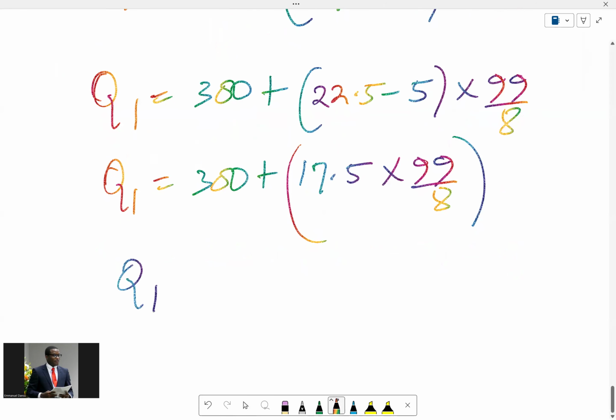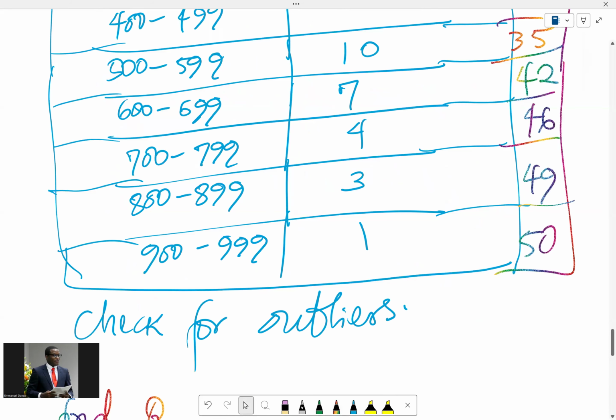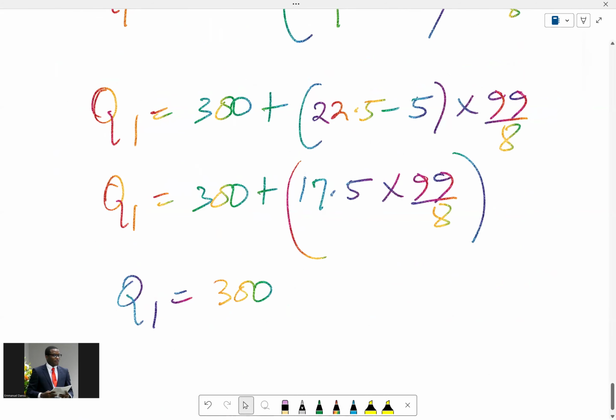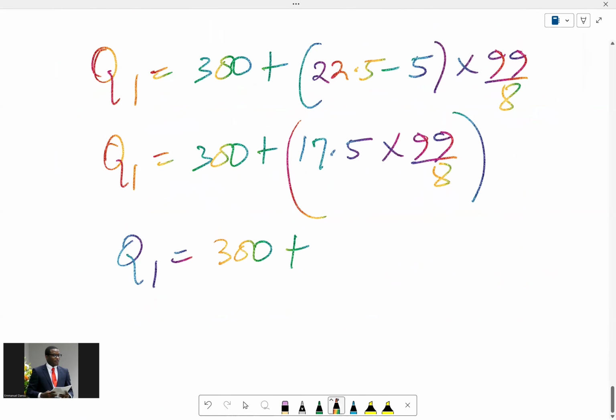So Q1 is equal to 300 plus, let's compute this, 7.5 times 99 over 8.